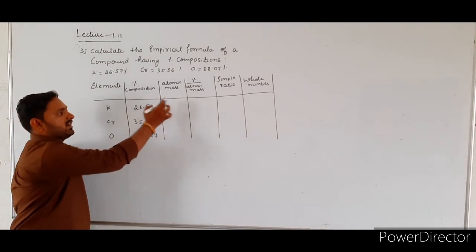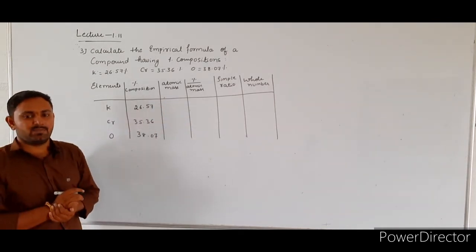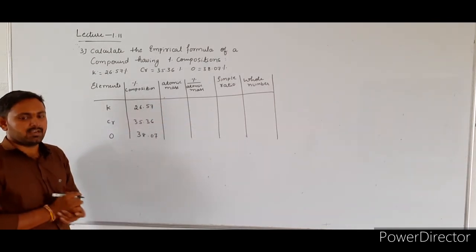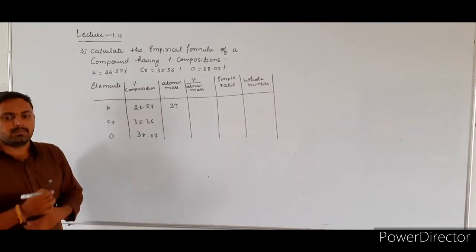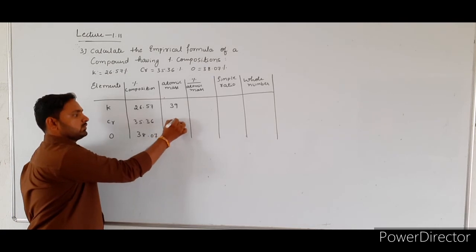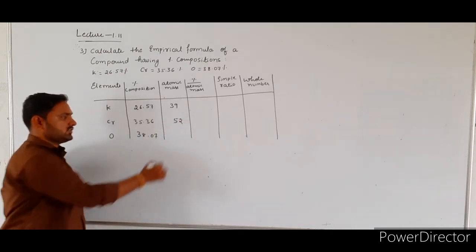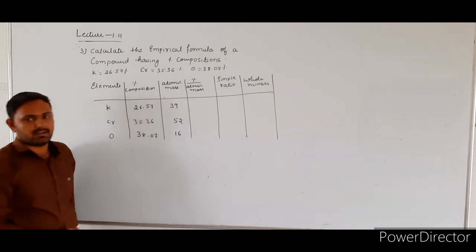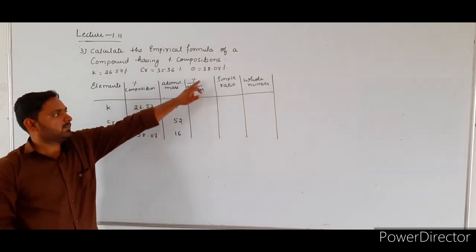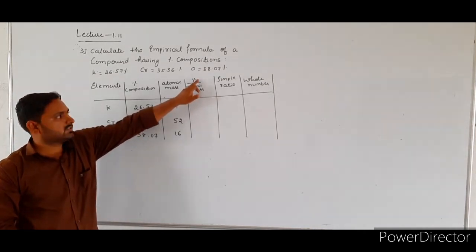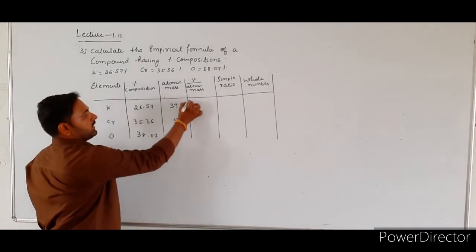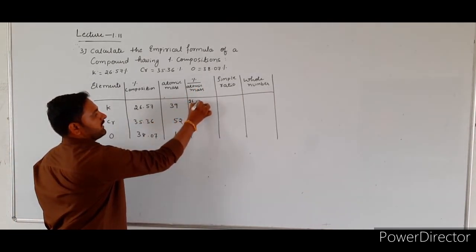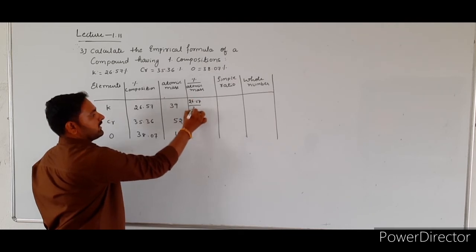Next, atomic mass. What is the atomic mass of potassium? 39. Of chromium? 52. Of oxygen? 16. Right? Next, atomic ratio: percentage composition divided by atomic mass. 26.57 divided by atomic mass 39.